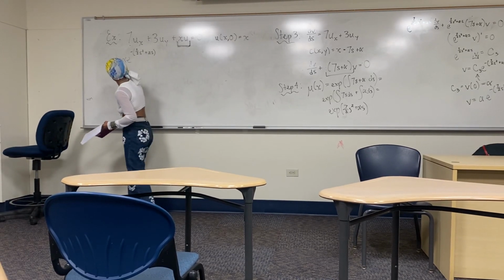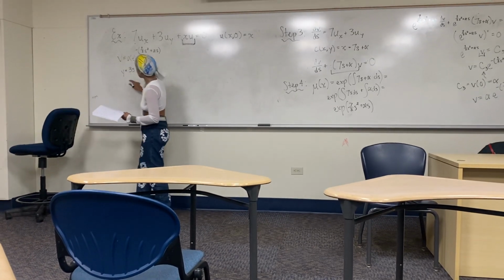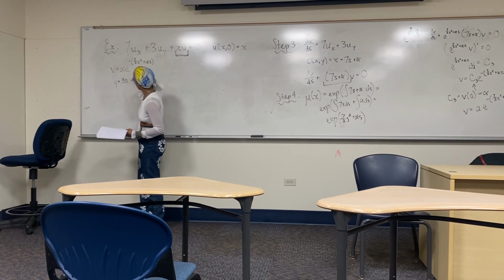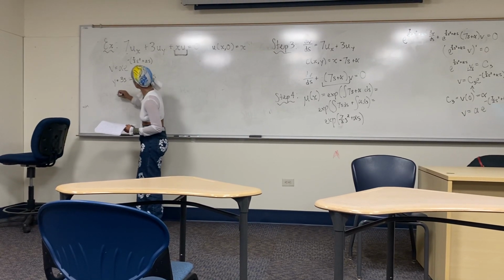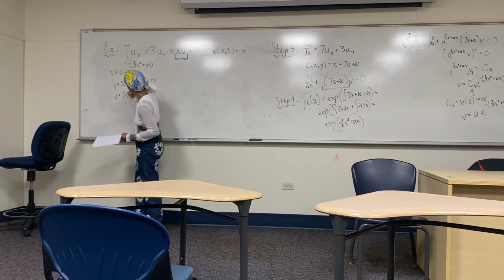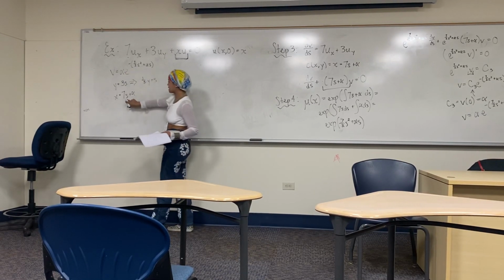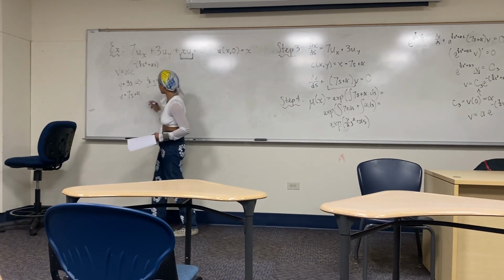So we know that y equals 3s. So then we divide out that 3. We end up with 1/3 y equals s. x equals 7s plus alpha. We're going to replace that s with what we found s equals in terms of y.